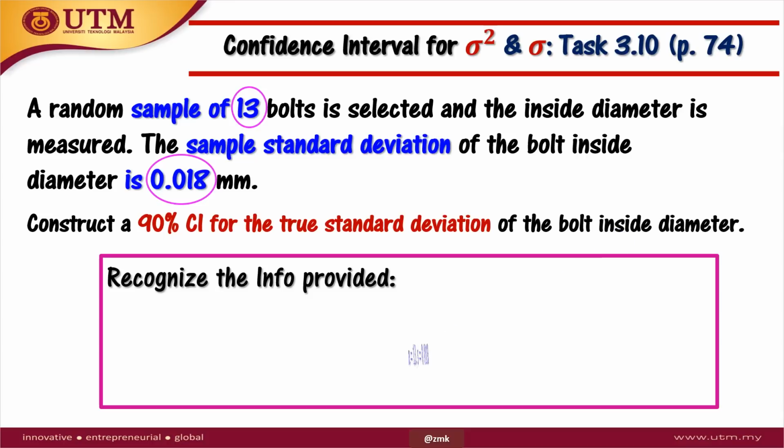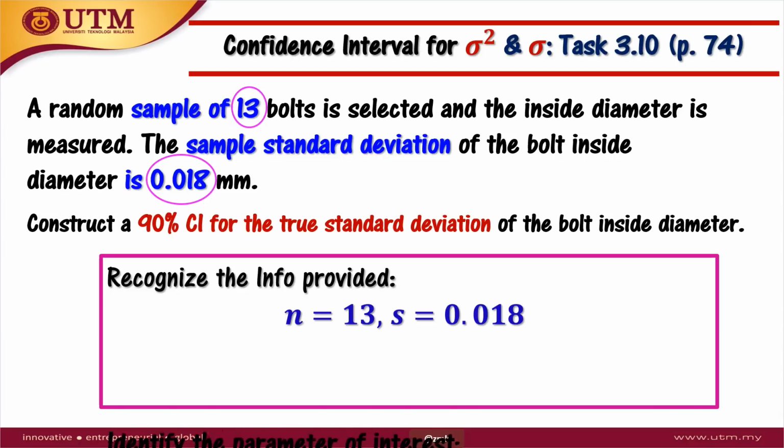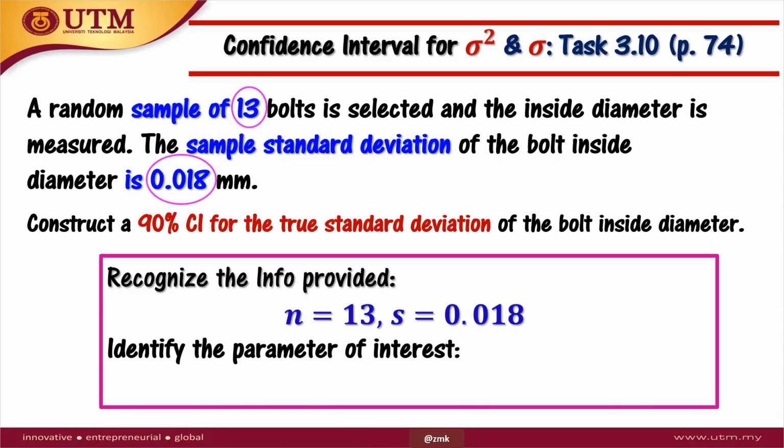So write this information using the correct notation. Next, identify the parameter of interest we want to estimate. In this question, the parameter of interest is obviously sigma, which is the true standard deviation of the bolt inside diameter.